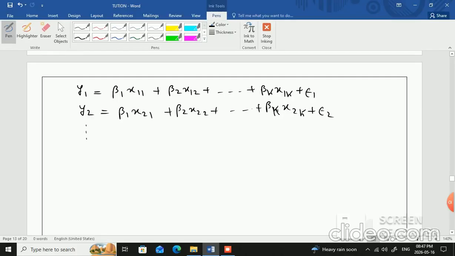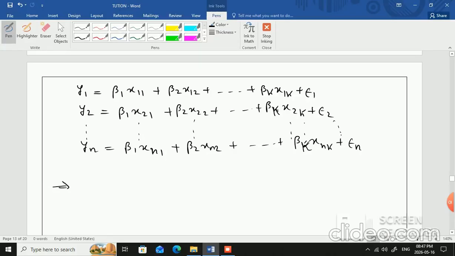In that way yn equal to beta 1 xn1, beta 2 xn2, ..., beta k xnk plus epsilon n.